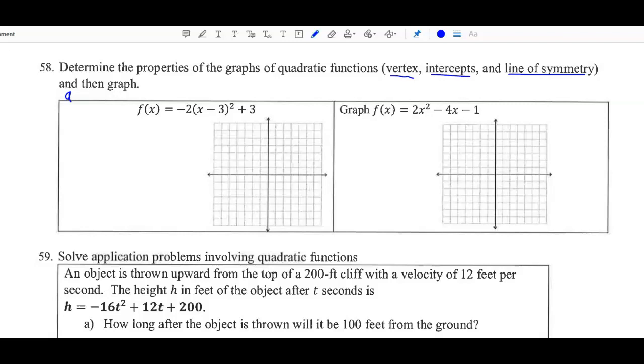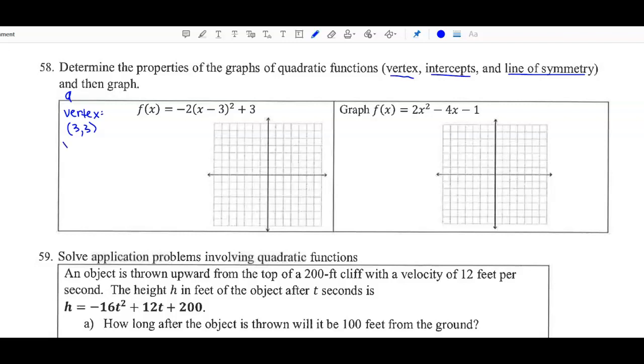So first of all, this one is easy to find the vertex because it's in vertex form. So the vertex of that is going to be 3, 3. And then we want to find our intercepts. Remember, that means we need to find our x-intercepts and our y-intercepts.